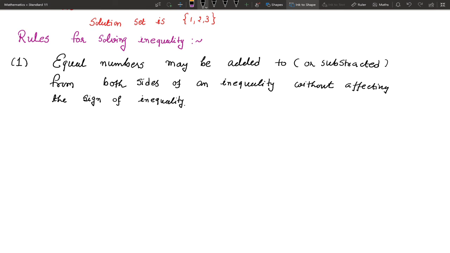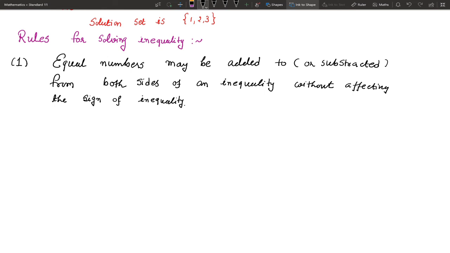When we solve the inequality, we will follow these basic rules for solving the inequality. First rule is, equal numbers may be added or subtracted from both sides of an inequality without affecting the sign of inequality.